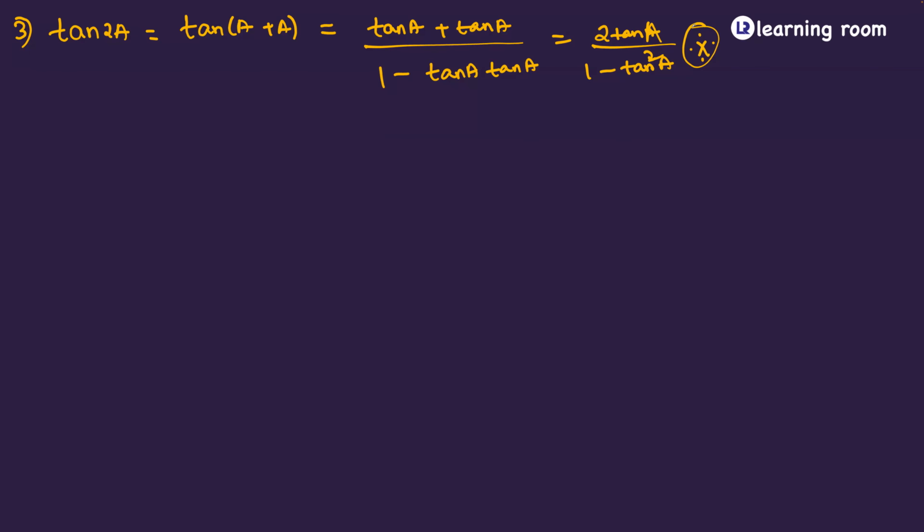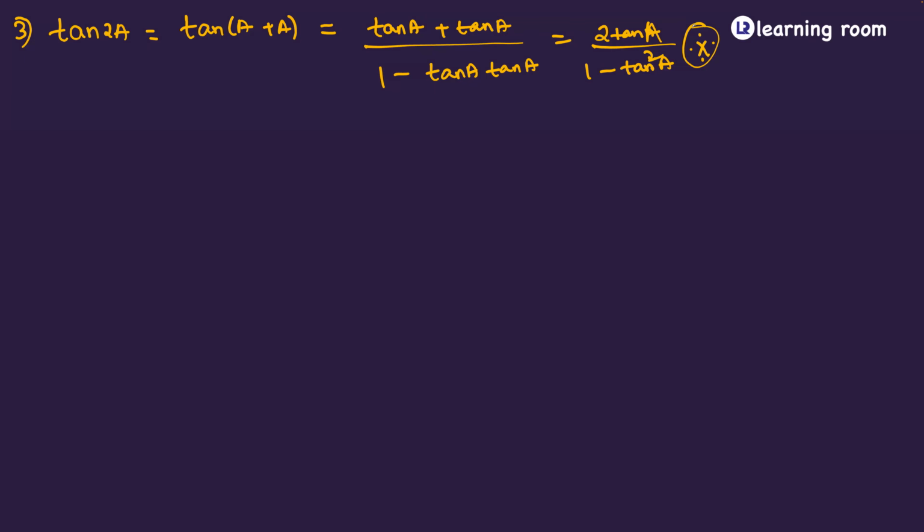Yeah. See, cot 2a and all generally we don't apply because cot 2a is needed. You'll find tan 2a, take the reciprocal, you're done. So if at all you need, what will be the formula? Can you do it in mind and tell me? Cot 2a, recollect, cot 2a, what is that?